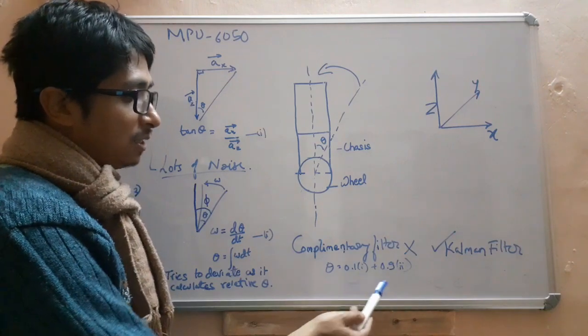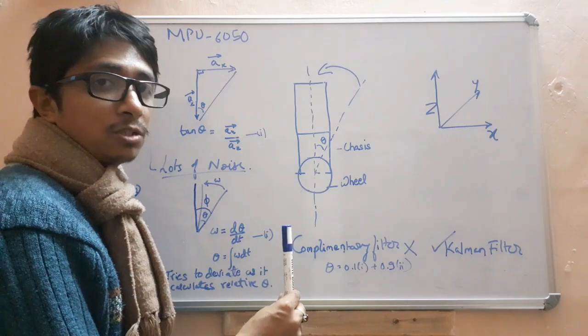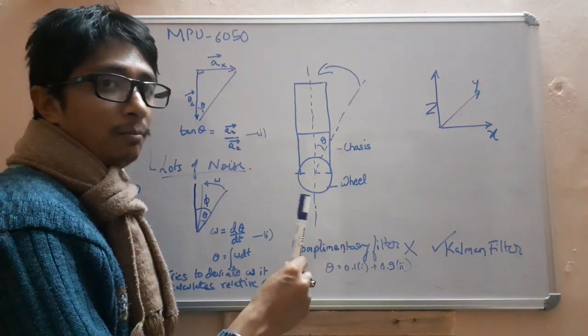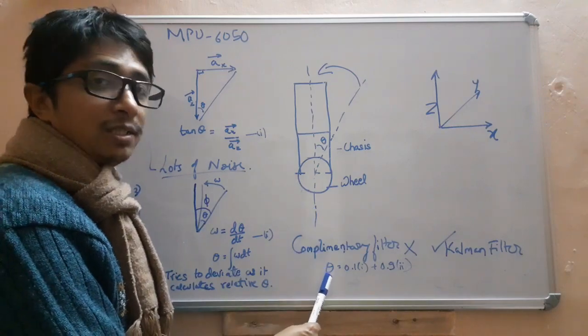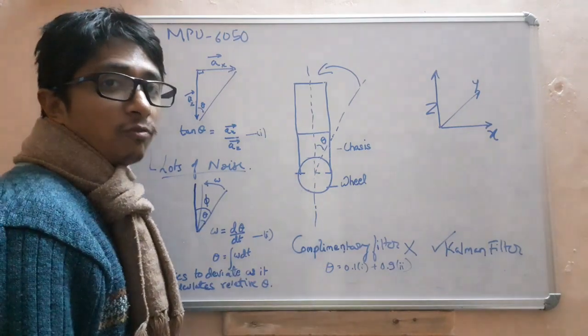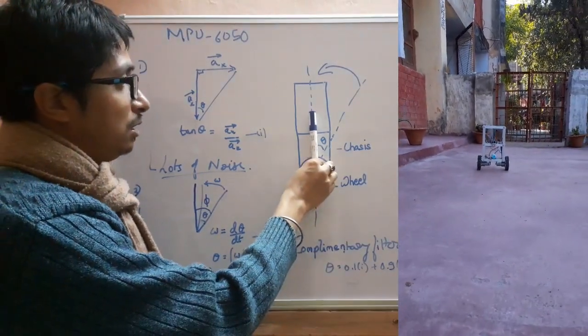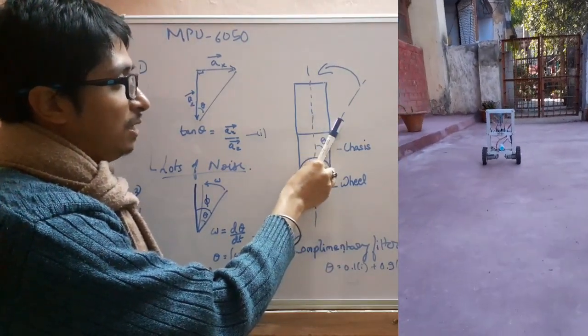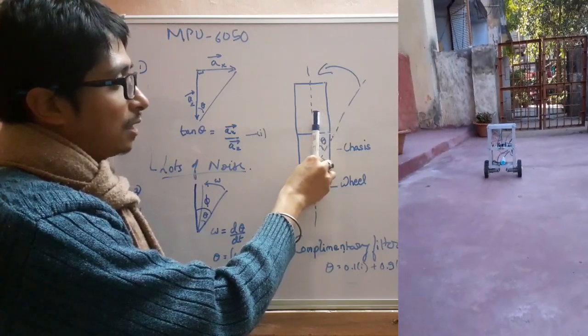But even after this, you will find that when the robot falls from its original position and tries to come back after many to and fro deviations, the value of angle theta will deviate from what it should be. For example, if the robot is in zero position, it goes to 5 degrees, comes back, again it goes to 10 degrees and comes back.